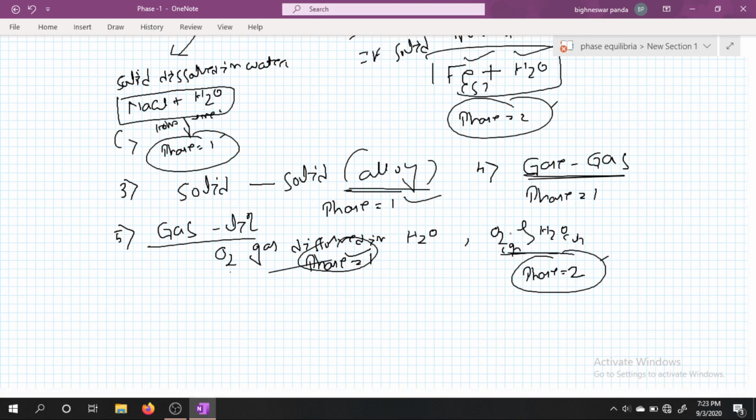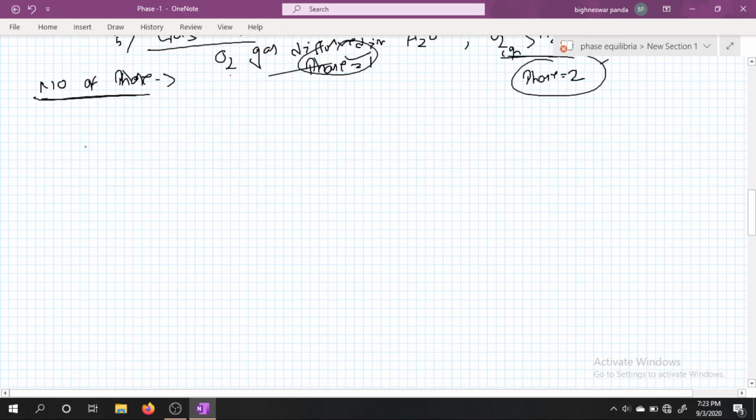So we are going to now calculate the number of phases. Consider H2O solid. If we are considering H2O solid, that means here phase equal to 1.